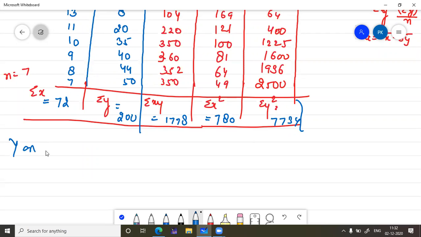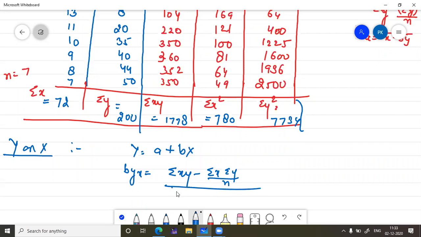Now y on x: the line is y equals a plus bx, and byx is equal to summation of xy minus summation of x summation of y by n, over summation of x square minus summation of x whole square by n. Substitute in this and you will get the value of regression coefficient y on x.